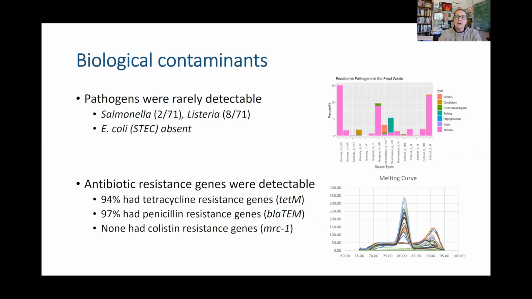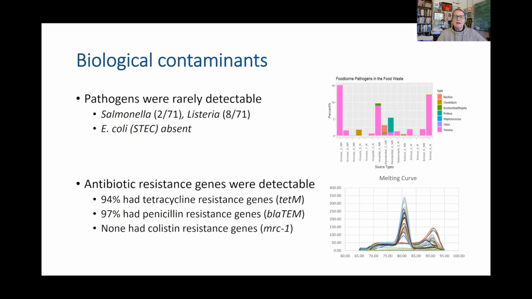And the highest abundance that we found were the pink ones, which are Yersinia. Yersinia enterocollitica is a foodborne pathogen, but there are also many other species of Yersinia that are present in soil and food. So this was not out of line with what has been seen in other food samples.